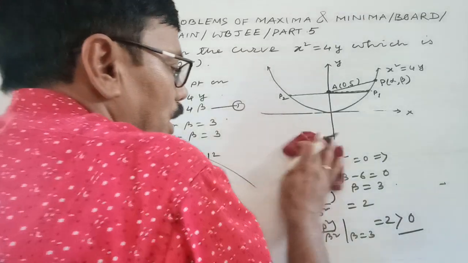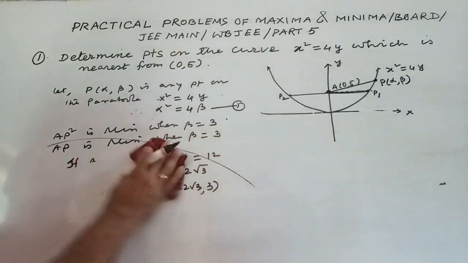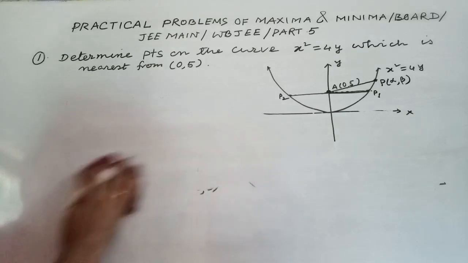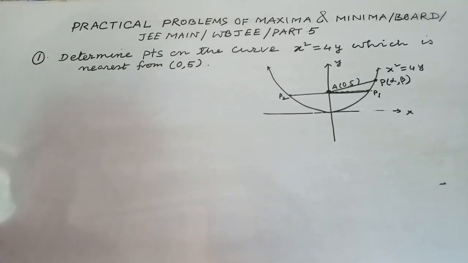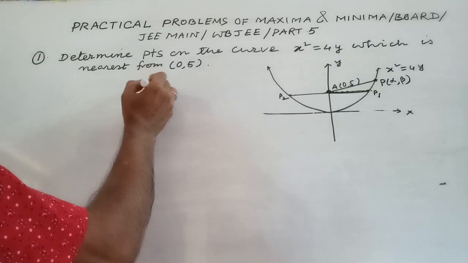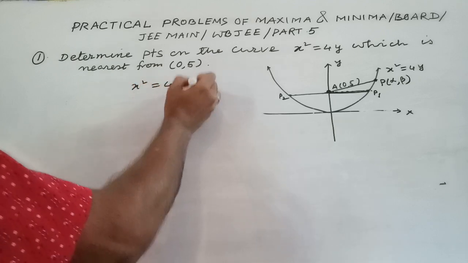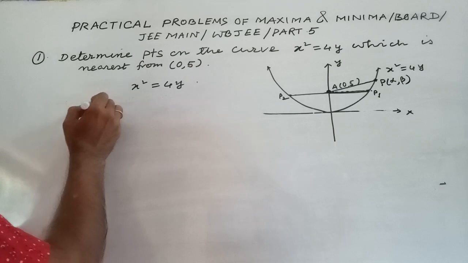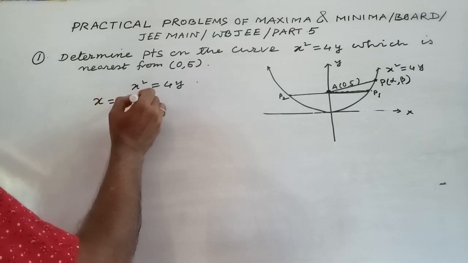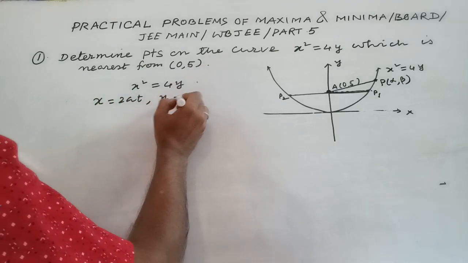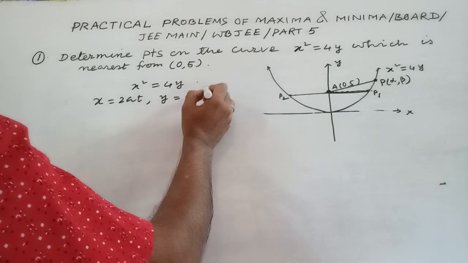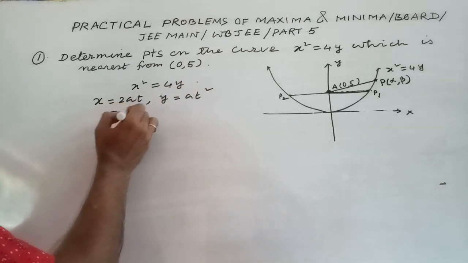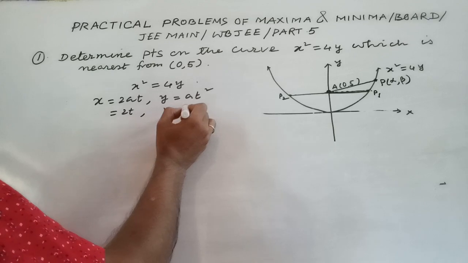Now you can also solve it using the parametric equation. So x square equals 4y. What is the parametric equation? x equals 2at and y equals at square. Here a is 1, so (2t, t square).